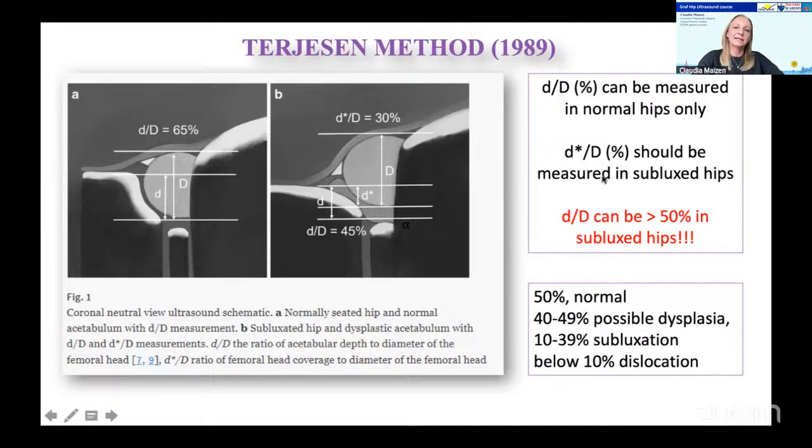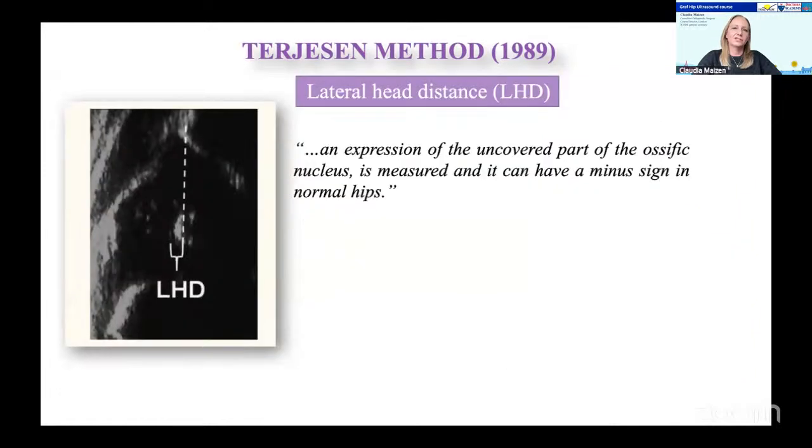So what was later described and revised in that original technique is that you measure not small d to large D distances, but d asterisk, which is the part of the femoral head that is still covered by the acetabulum versus the diameter of the femoral head, in percentage again. What is considered normal with this technique is more than 50% coverage, 40 to 49% is possible dysplasia, 10 to 39% subluxation, and below 10% dislocation.